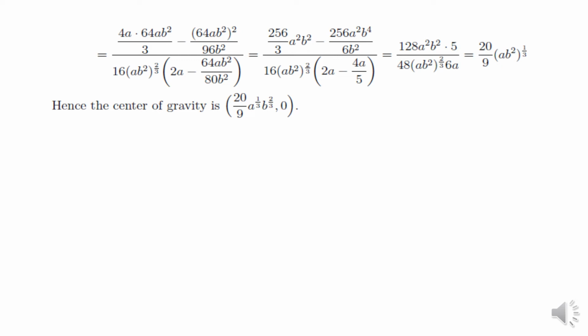Now why are we saying centroid and center of gravity in the same way? Because we should know what the centroid of a geometric figure is. The centroid, or geometric center of a plane figure, is the arithmetic mean position of all the points in the figure.